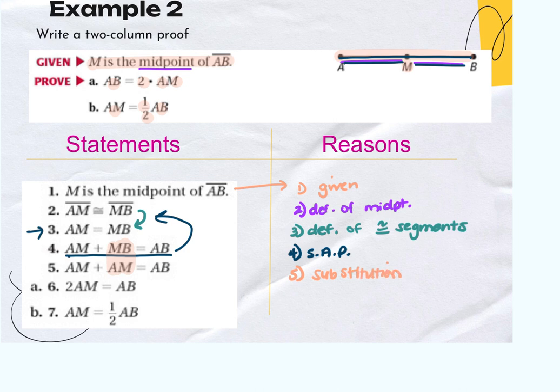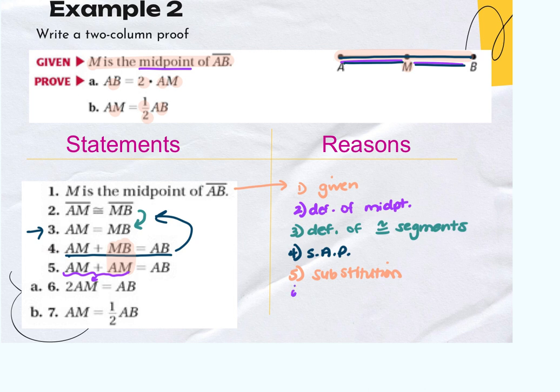Now looking at step 6A, which is the first thing we're trying to prove, it says 2AM equals AB. So we basically just took these two AMs and we put them together. We added them together or combined like terms. Now, if we had added to both sides of the equation, then it would have been the addition property of equality. But we didn't add to both sides. We just simplified the one side.